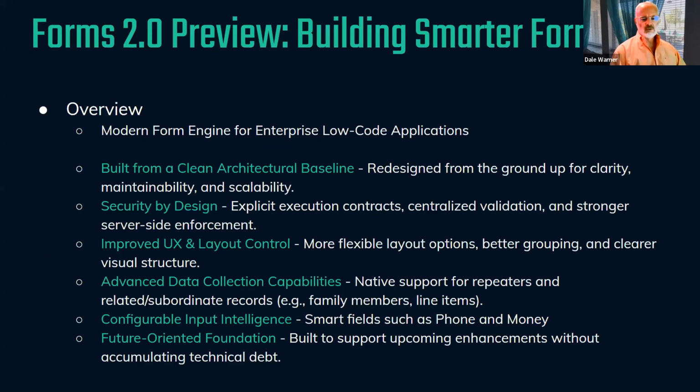So Forms 2.0, at the highest level, is a modern form engine for enterprise low-code applications. Action Form has been a product for perhaps 15 years or so. I don't know the exact date, but it is one of our core products and still a very strong component of anything that you'll build in Plant and App.